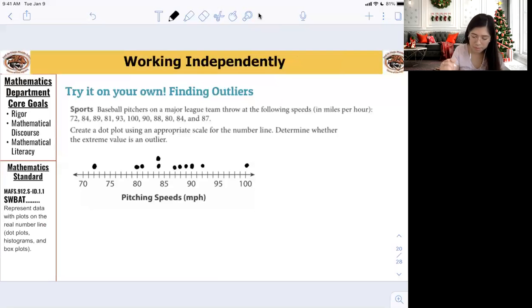You put 93 in the wrong spot. Did I? Oh yeah, thanks. There we go. Okay, so here's my dot plot.